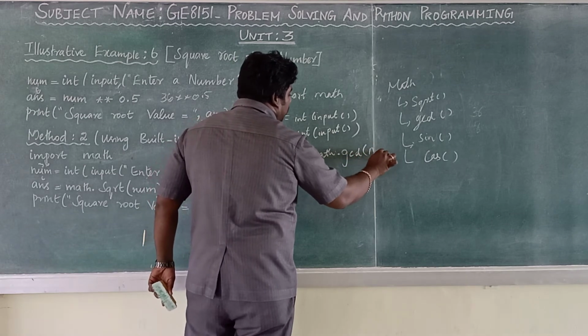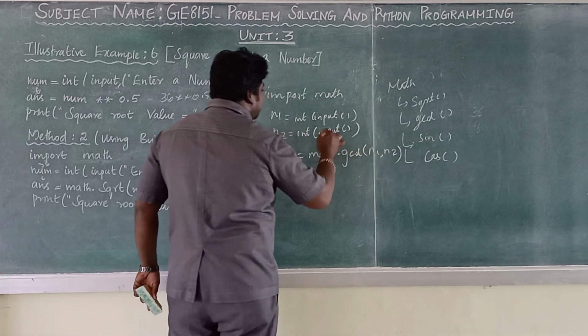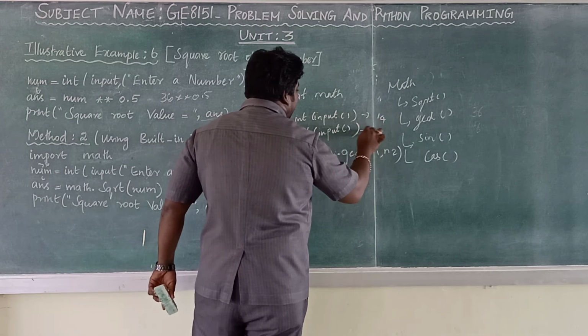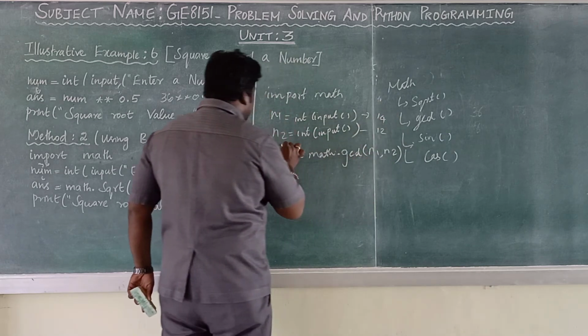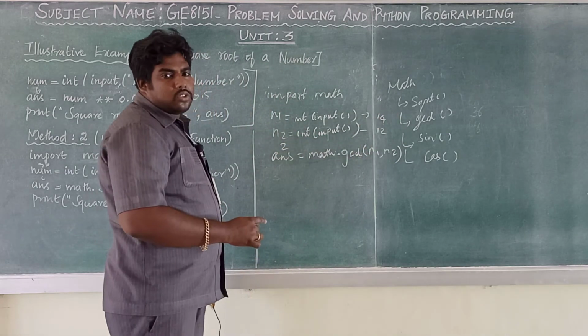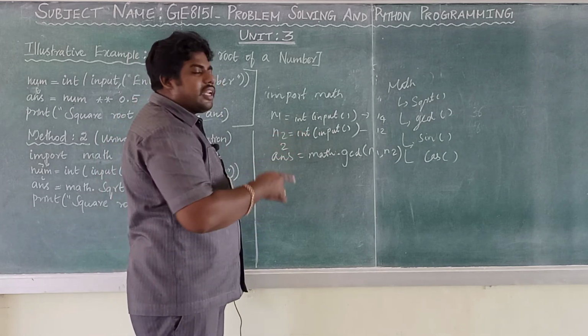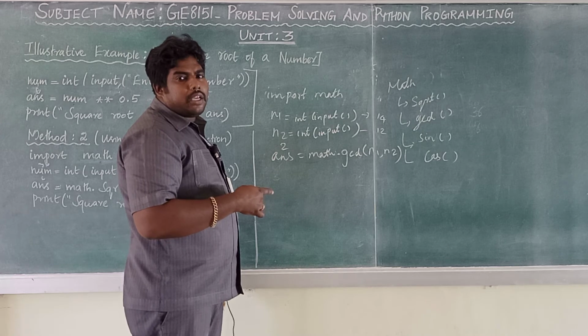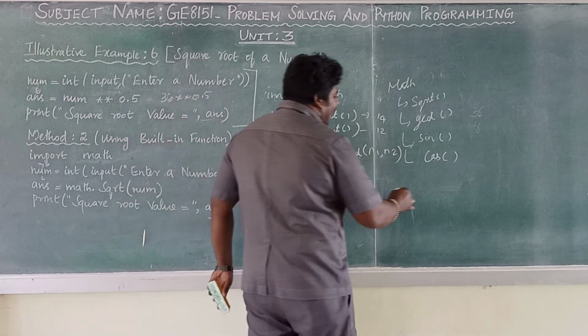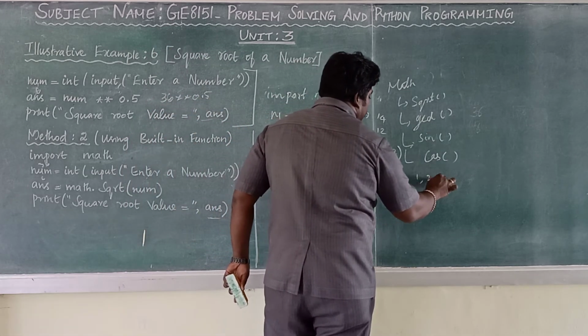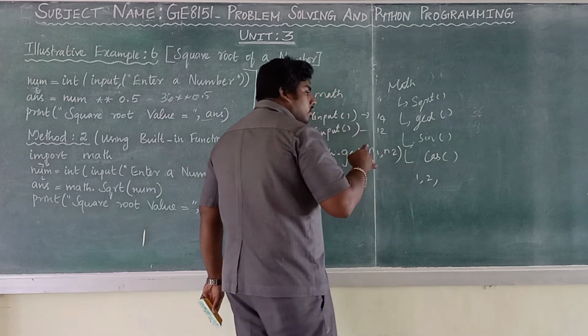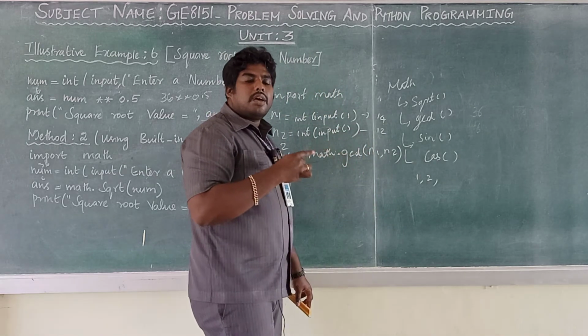For example, your n1 is 14 and n2 is 12. So what will be the output? You will get the GCD as 2. You have to take the factors. In 14, what are the numbers we can divide it with?